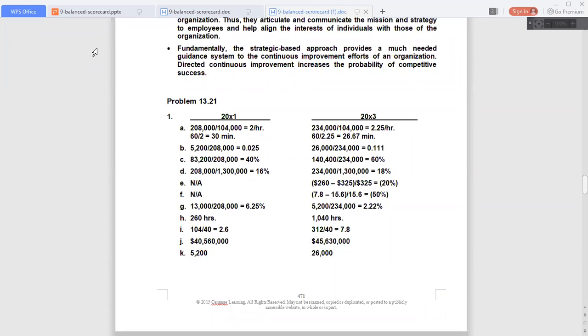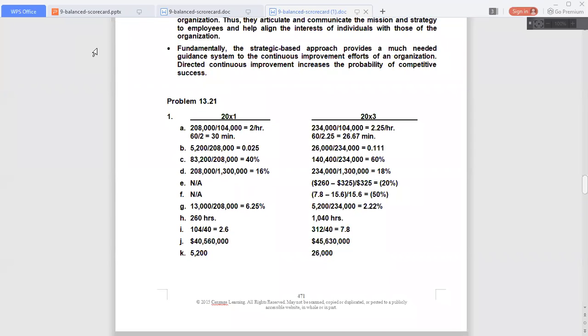Then in letter G, defective units as a percentage of total units produced. So defective units in 20x1, we have the total of 13,000. Now you are given the total number of defective units divided by the total number of units. In 20x3, you have 5,200 units divided by 208,000. So take note, it's 62.5%.